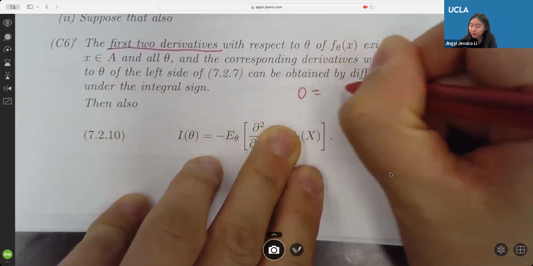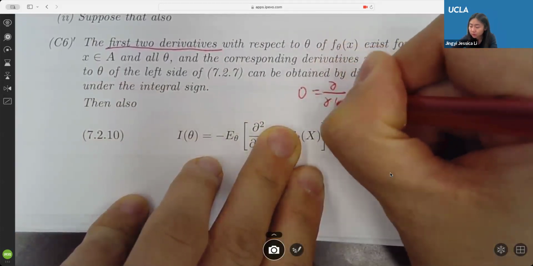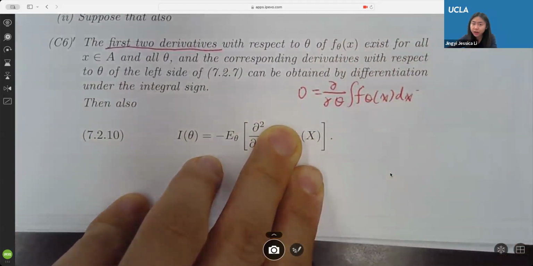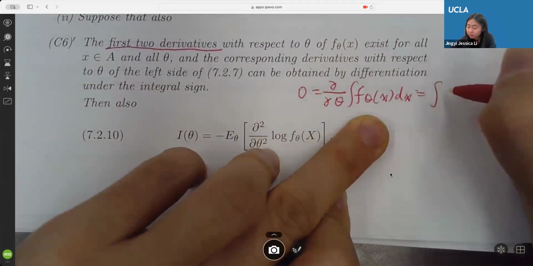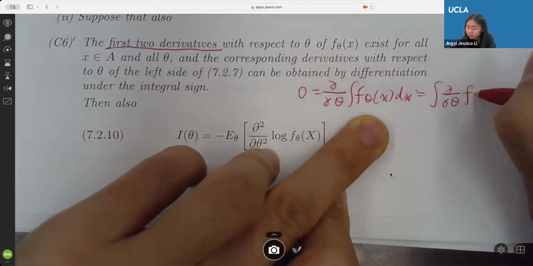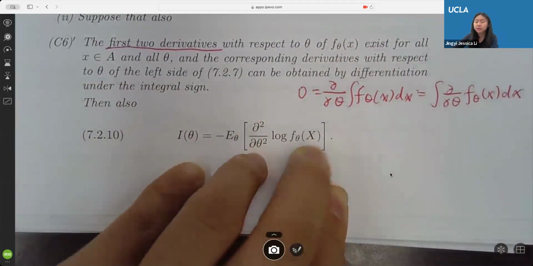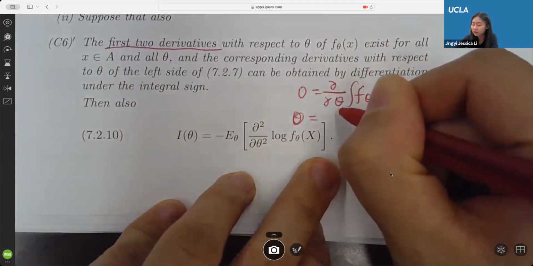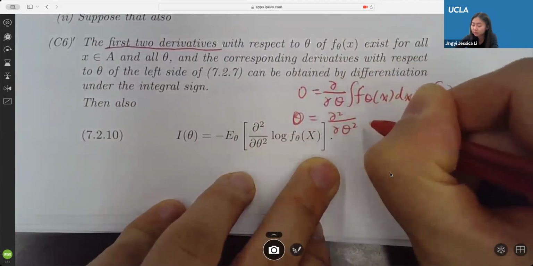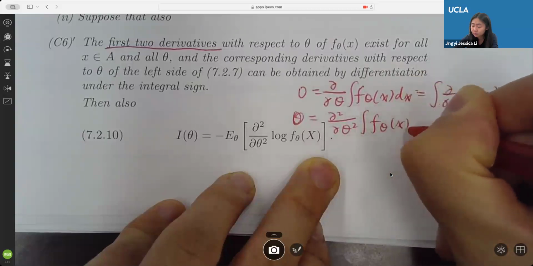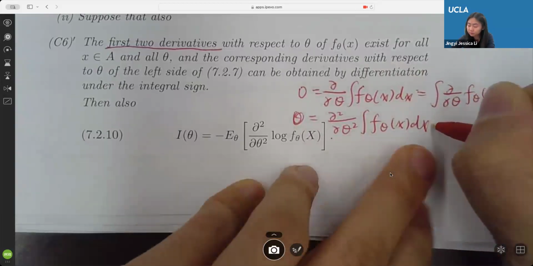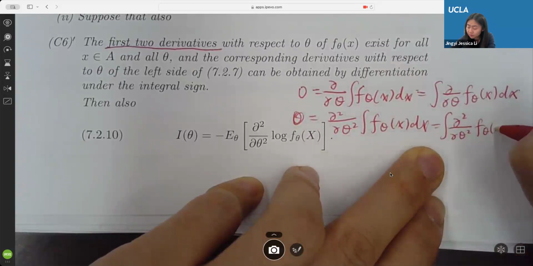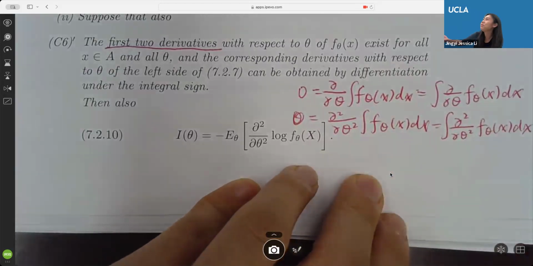So we need what we just wrote above, exchange differentiation and integration. This is about the first derivative. And we need the same exchangeability condition to hold for the second derivative. Right, we need this. We need both of them to hold.